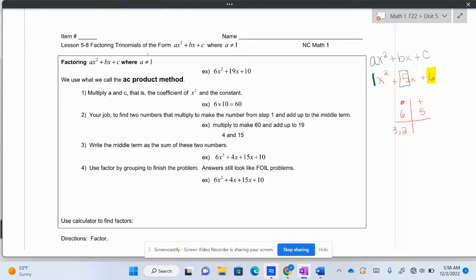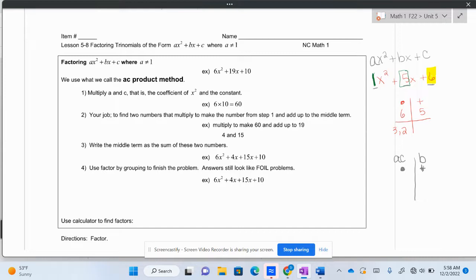So really, when I was asking you what two numbers can you multiply together that add up to something else, what we were really doing was taking a, which was 1 yesterday, times c. So our times chart came from a times c, and it had to add up to b. So that's what we're going to do today.